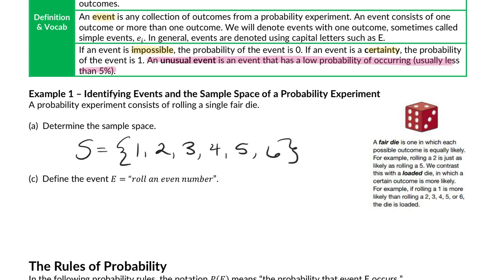To define the event E being roll an even number, we're going to say that event E is the set of numbers that meet that criteria. What numbers in my sample space are even? That is the event that we would roll an even number, that either we would get 2, 4, or 6 when we rolled the die.